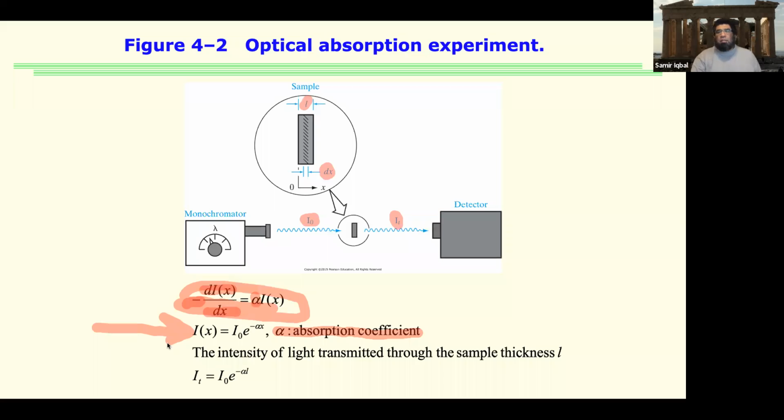Now, there is IT, which passes through and gets to the other side. Here we replace this X with L, so then we can find out exactly what is the intensity of the light that did not get absorbed. Now alpha, the constant, changes with lambda and the material type.